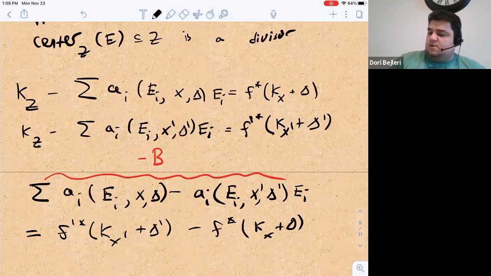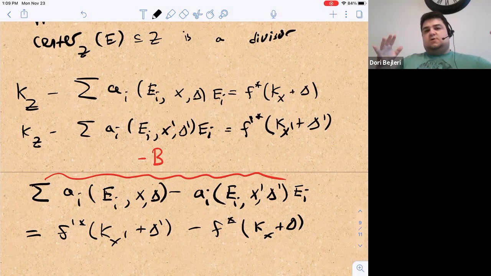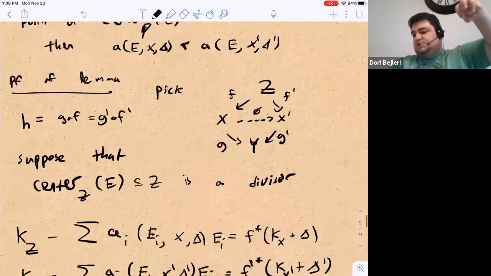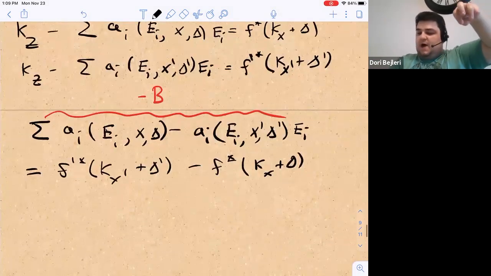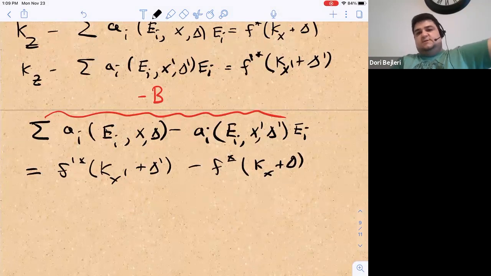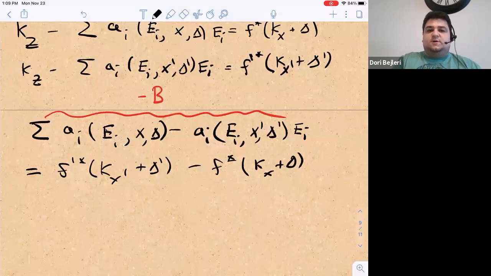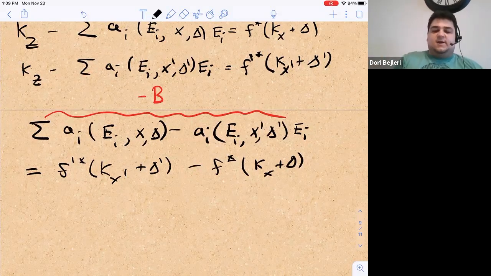Okay, now what do we know? Well, we know that on Z, we have some curves that are contracted by f and f prime respectively, and on those curves these pullbacks are 0. But we also know that on any curves contracted by g, minus f star of kx plus delta is strictly positive, and on any curves contracted by g prime, kx prime plus delta prime is strictly positive. And so that tells you that on all the curves on Z, this difference has to be non-negative.